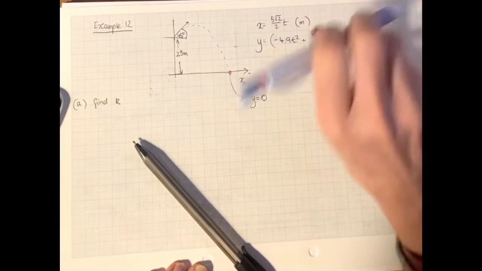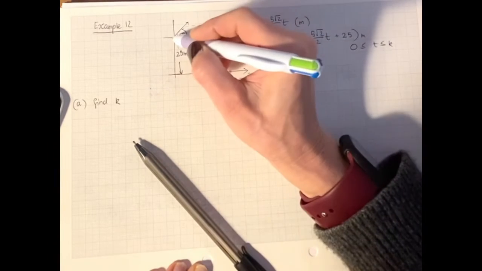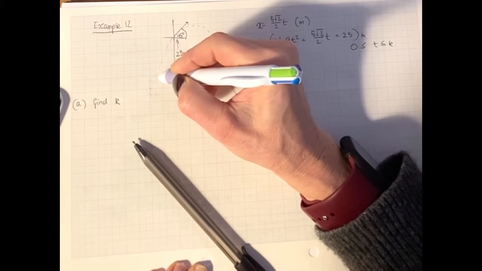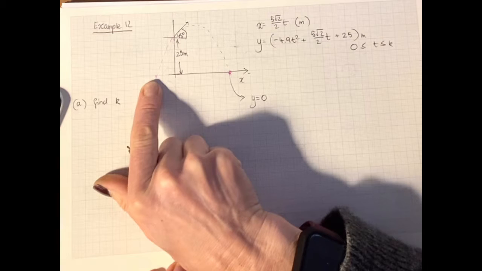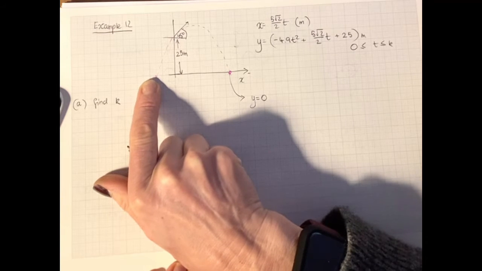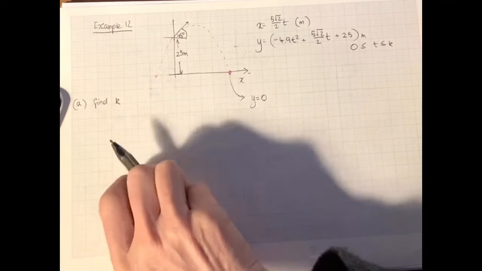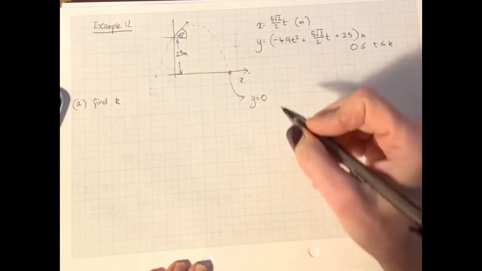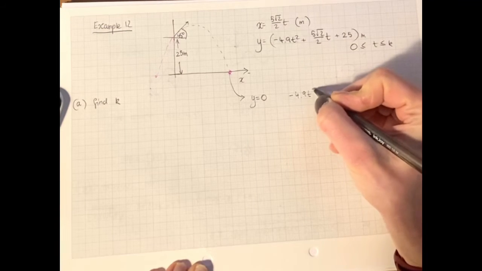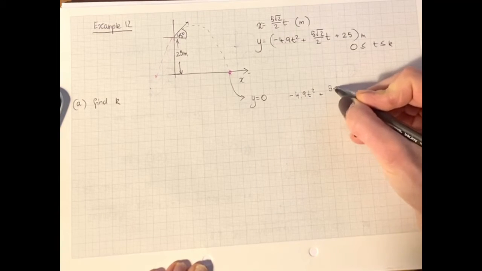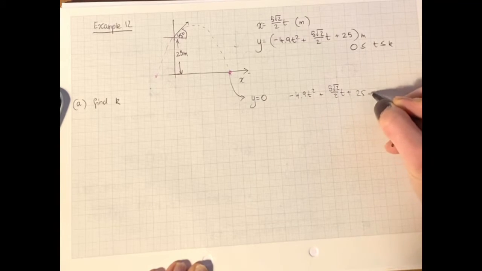So one will correspond to the time when it hits the ground, and one will correspond to this parabola starting at ground floor over here, but obviously you can't go back in time. Time would be negative, so we'll reject that answer. So it will hit the ground where y is equal to 0. So let's solve this equation.